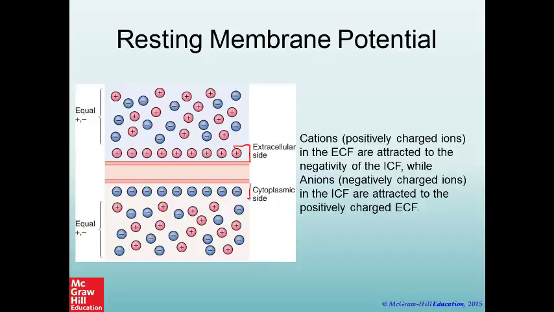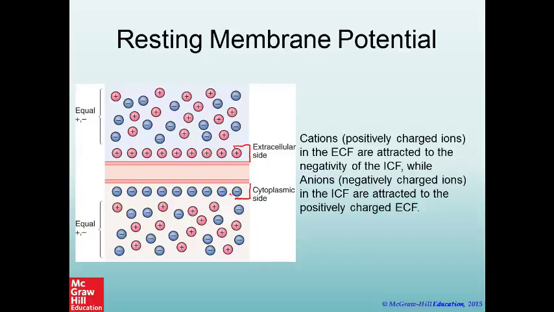And on the inside of the cell, there are a bunch of negatively charged ions close to the cytoplasmic side of the membrane. They're attracted to the positive ions that are on the outside of the cell. So this separation of charges creates essentially a battery. You've got a positively charged pole and a negatively charged pole.